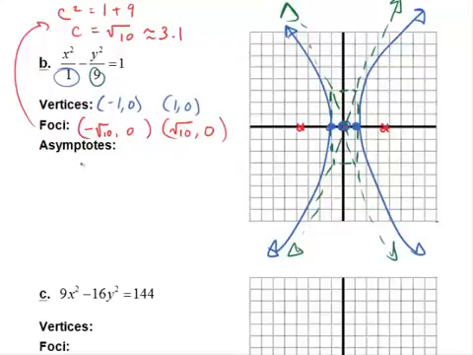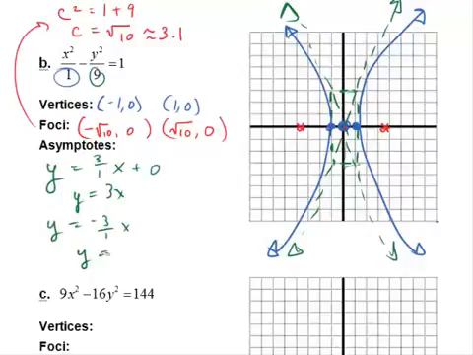And then for your asymptotes here, you are rising 3 and over 1, so 3 over 1x, plus 0 is your y-intercept. So this is just y equals 3x. And for your negative one, you have y equals negative 3 over 1x. You're dropping down and going over 1, so y equals negative 3x.